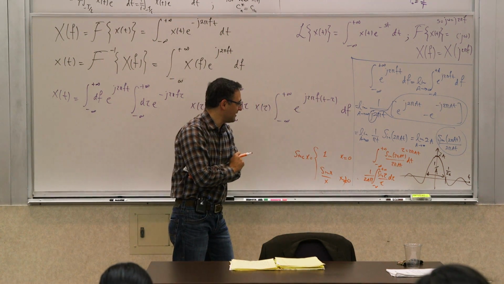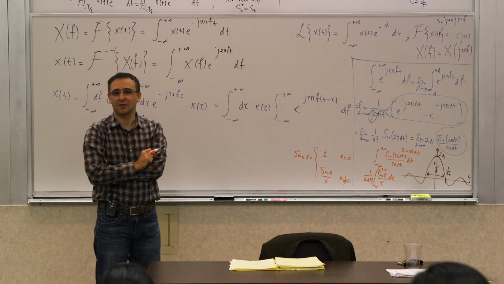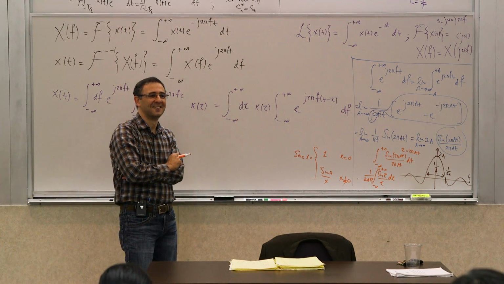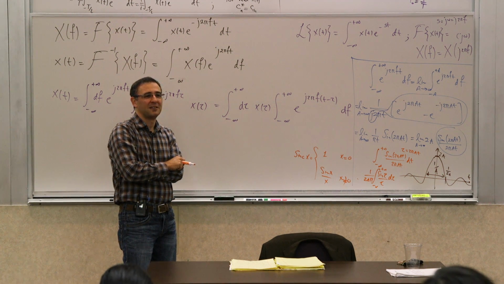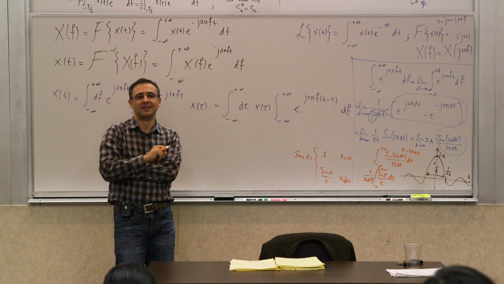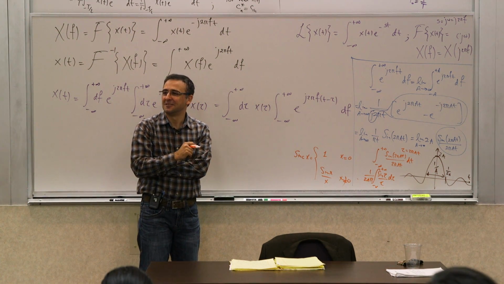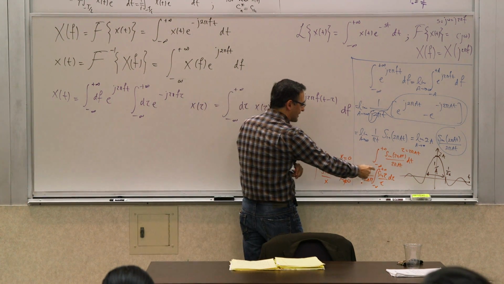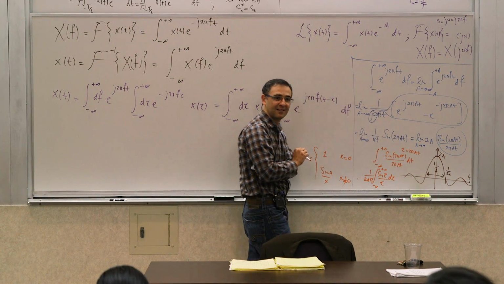Now, does anyone know what the integral of sine of x over x dx from negative infinity to positive infinity is? It's pi. You can do it with contour integrals, essentially. So it is pi, and you can see that this pi cancels that pi, and this 2a cancels that 2a.